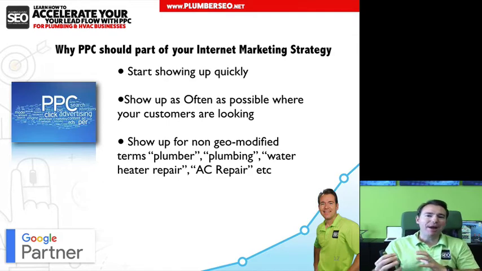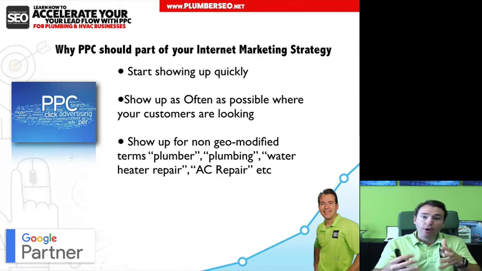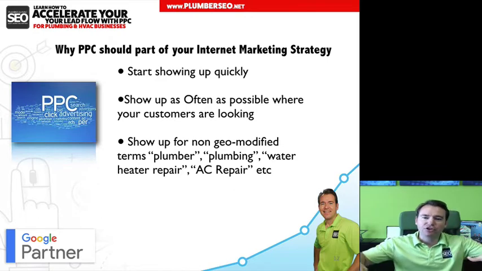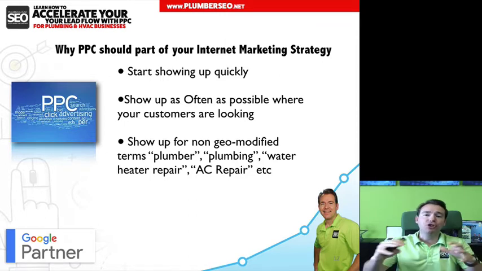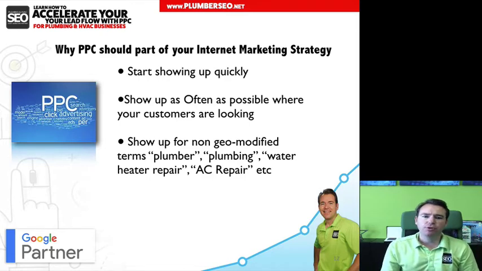Now Google's getting better at knowing where they ran that search from and serving localized results. But in some cases, you're just not going to show up for those terms. With PPC, you can target anybody searching those terms in your backyard or in your service area and make sure you're showing up for those terms. So it really helps you to saturate your online marketing.